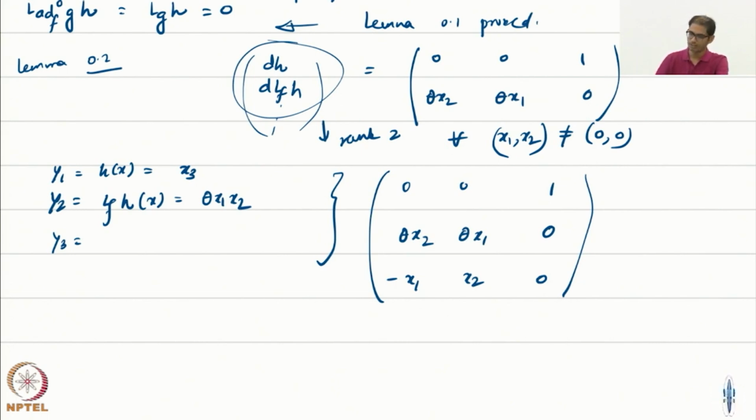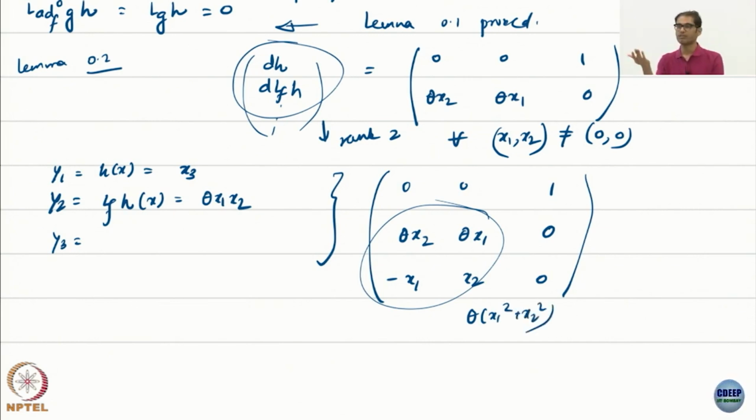So if this is the Jacobian, then I'm good, because this will be rank 3. If you take the determinant, it's always going to give me one independent row or column. The determinant of this is theta times x1 square plus x2 square, right? So if it's not at the origin, it's okay. That's the best I can do.